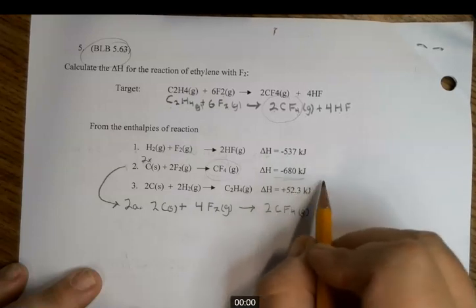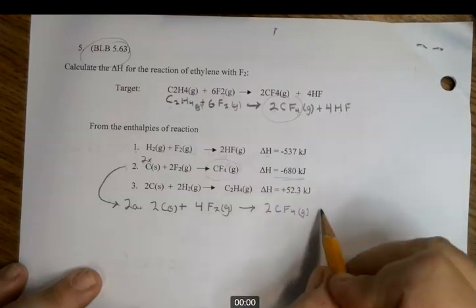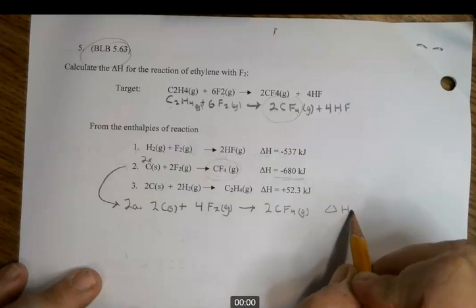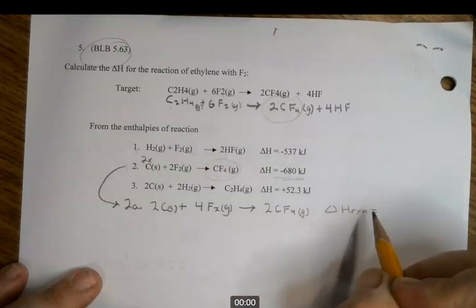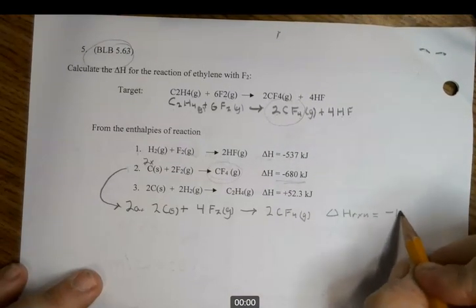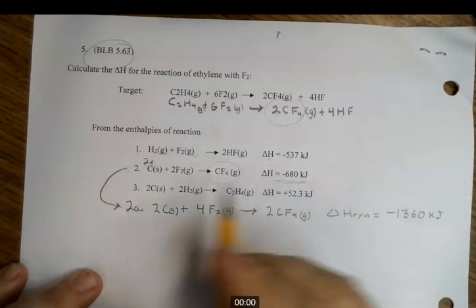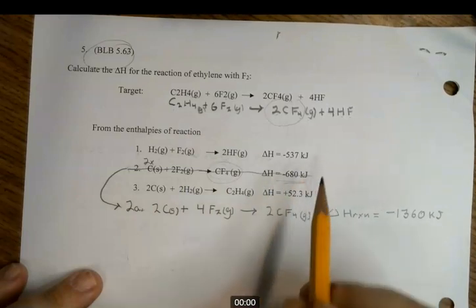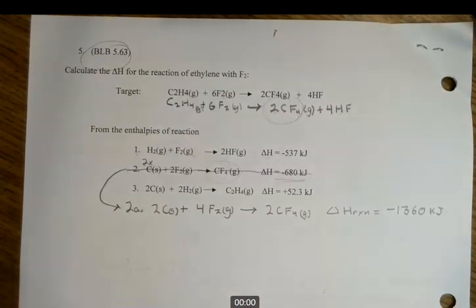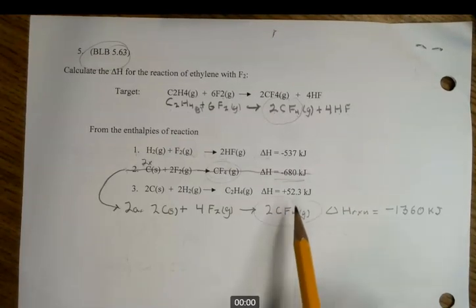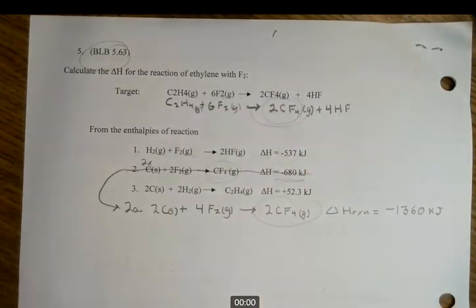And now finally you're going to multiply this by 2, and that's going to give you a delta H of reaction, and that's going to be negative 1360 kilojoules. Okay, so we've taken care of this equation right there, and we've gotten this to match up with this. All right, now what else?